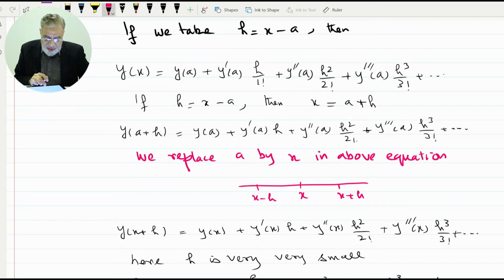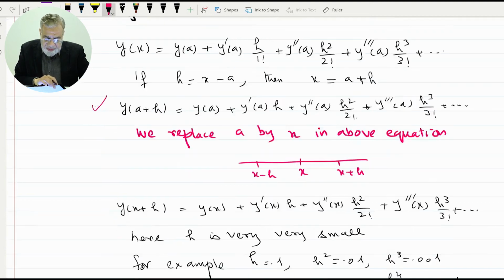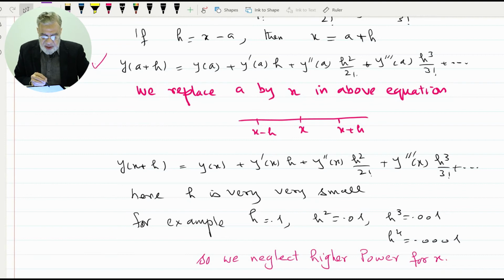So we get the equation in x: y(x plus h) is equal to y(x) plus y'(x)h plus y''(x)h^2/2 factorial plus y'''(x)h^3/3 factorial, and so on.